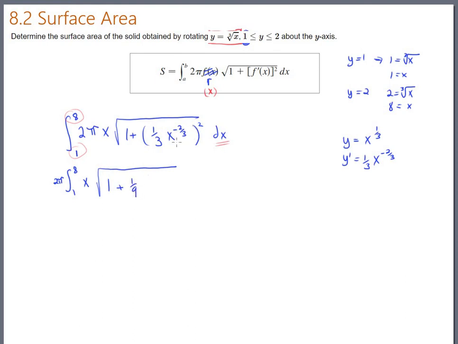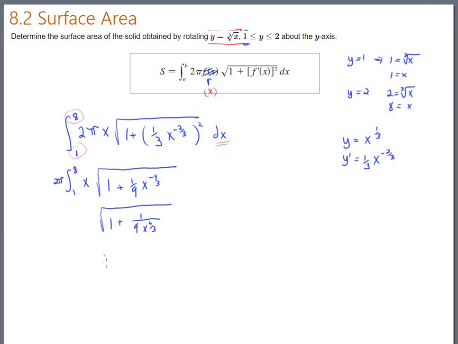Power raised to a power means multiply the powers, so this becomes x to the negative 4/3. Or if I move it to the bottom, it will become x to the 4/3 on the bottom. So let me rewrite this a little bit. 1 plus 1 over 9x to the 4/3.